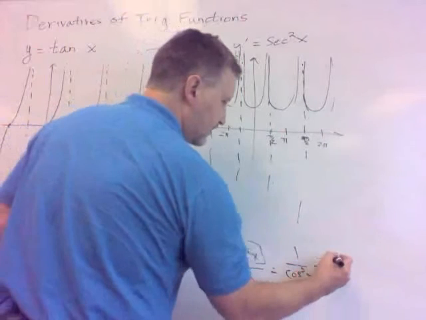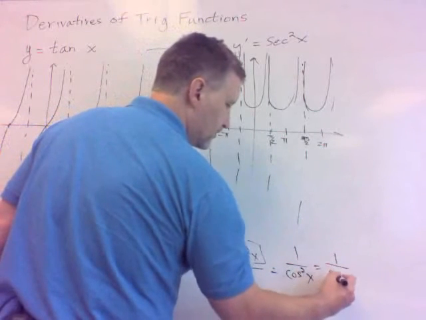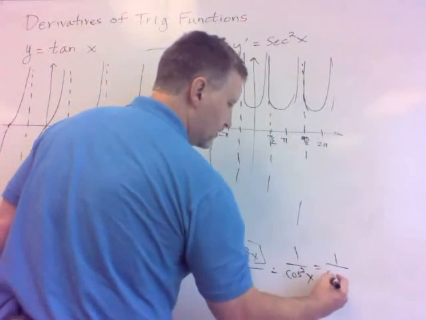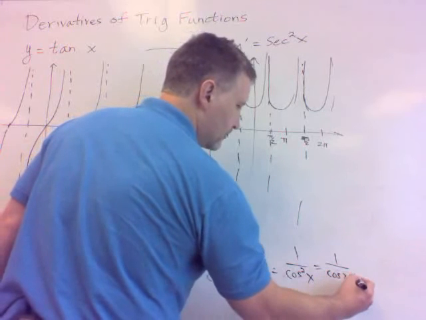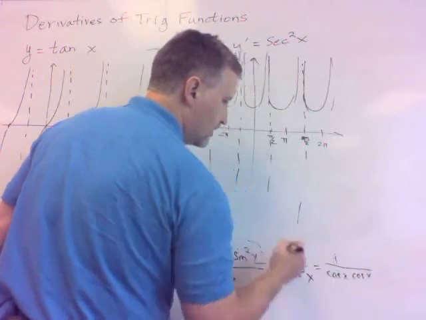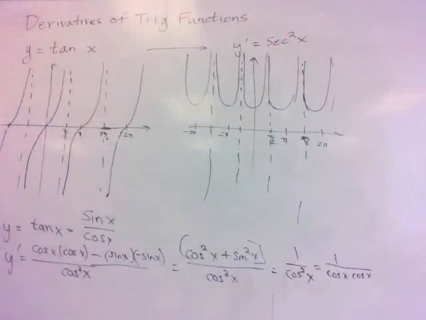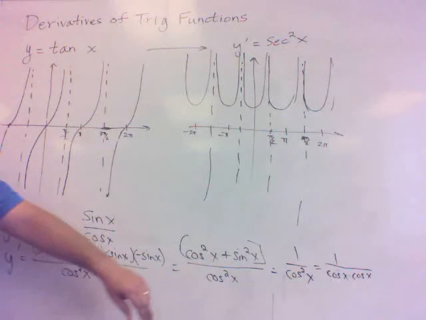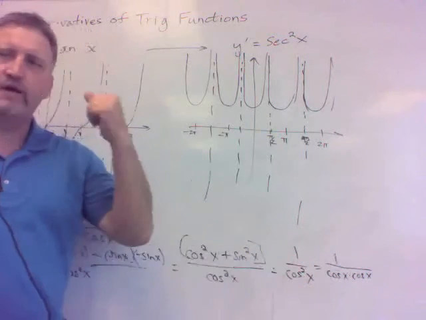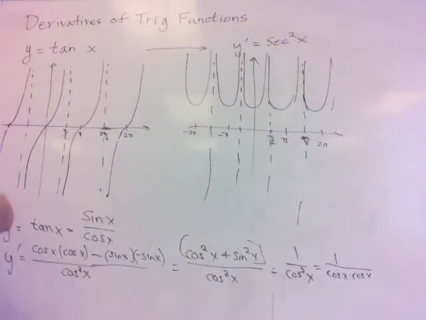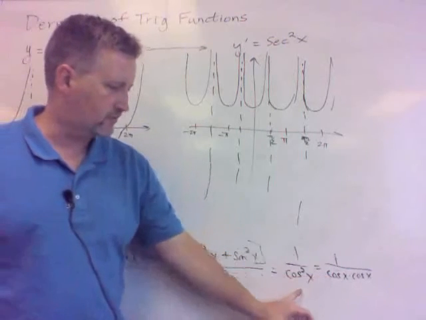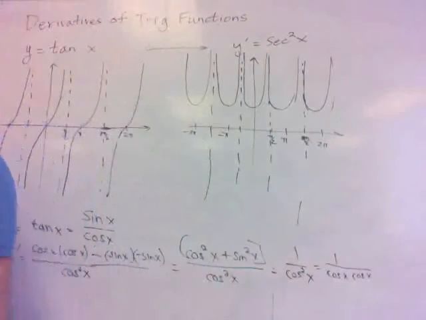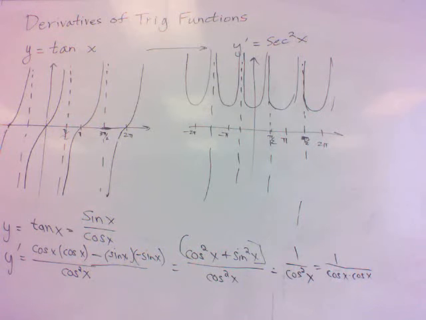And here's the other thing. The other trig identity of note here: what is 1 over cosine equal to? Cosine squared x means cosine of x times cosine of x. What is 1 over cosine equivalent to?